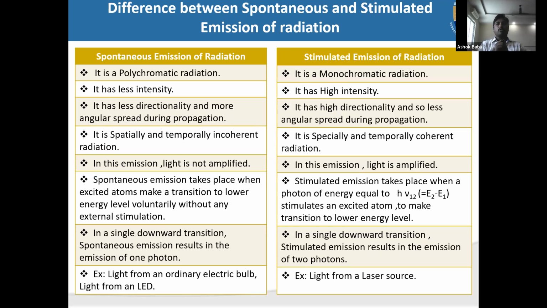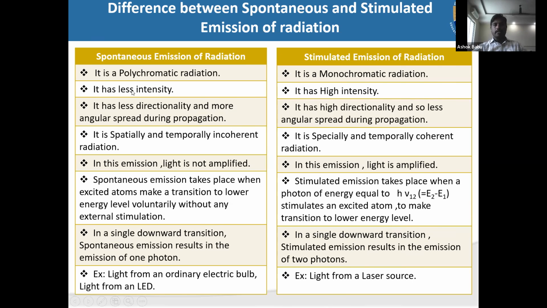Spontaneous emission is polychromatic, means all the colors are available in the spontaneous emission, like white light. Stimulated emission is monochromatic radiation, means it produces a single color. Every laser produces a single color. Spontaneous emission has less intensity.